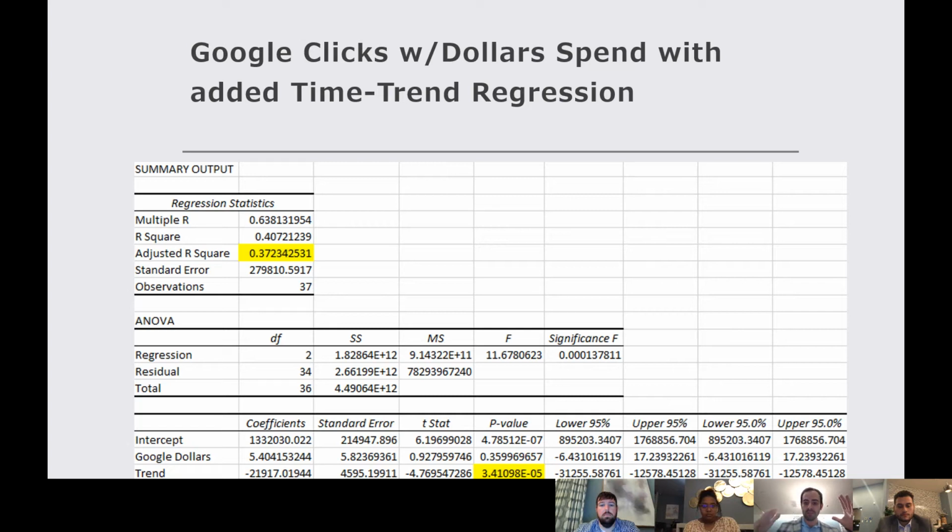And that's what we're seeing, that decline in clicks over time, which is useful to know. It might not be good news, but sometimes you need to know when things are losing effectiveness, whether that is through market saturation, where you have to pay a little bit more per click, what have you. We had to dig a little bit deeper.